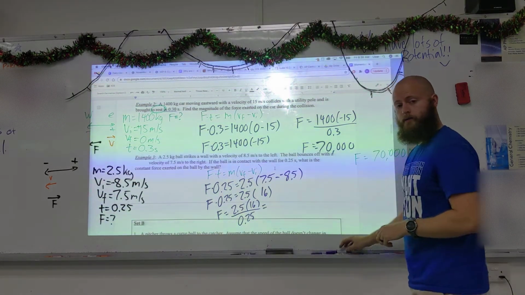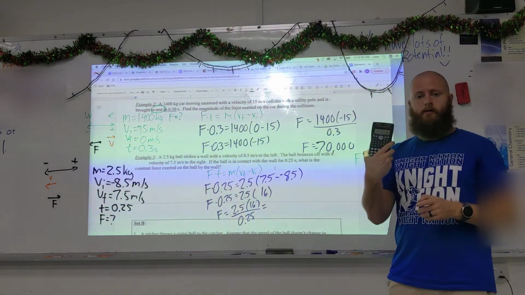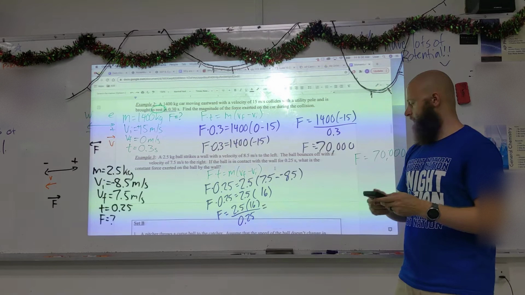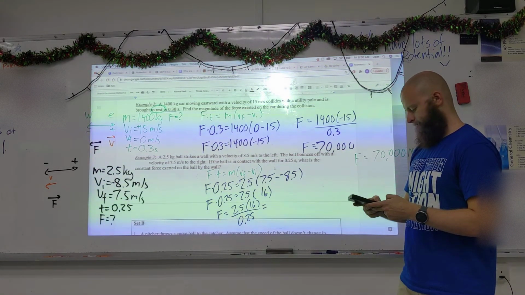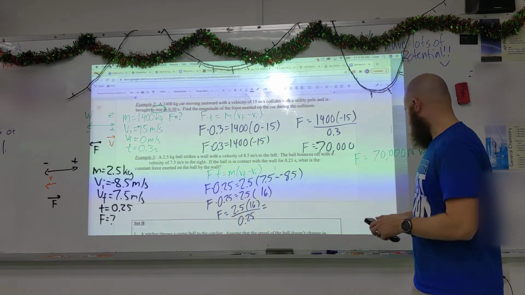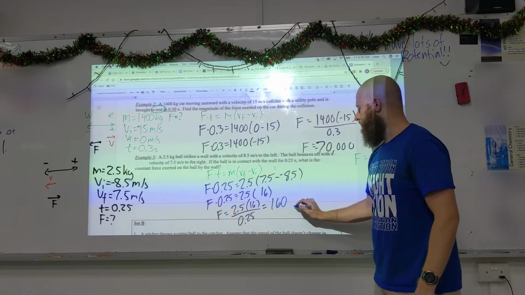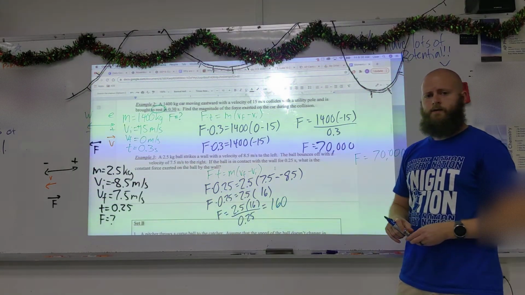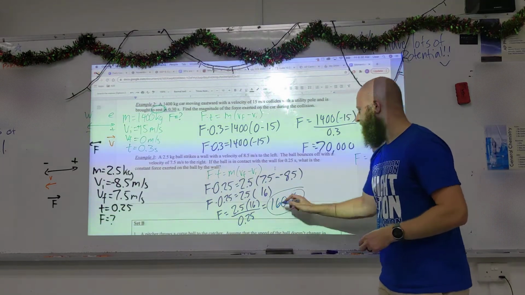Okay, apparently I cannot do it in my head. So let me take out the calculator as you take out the calculator. So grab your calculator. If you need to go grab it, pause and grab it. Okay, the correct answer is 160. And what are the units for force? Yes, newtons. Good. So that's my final answer.